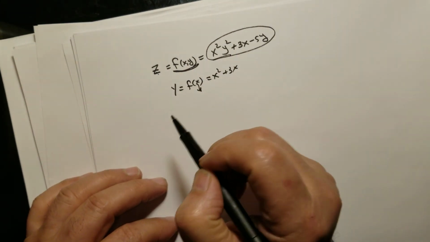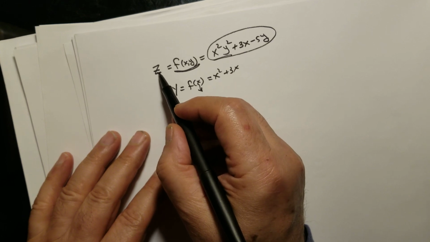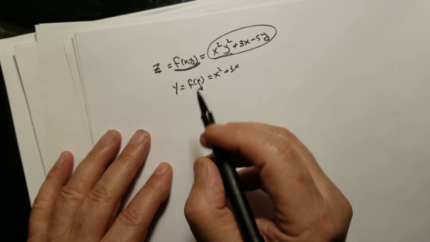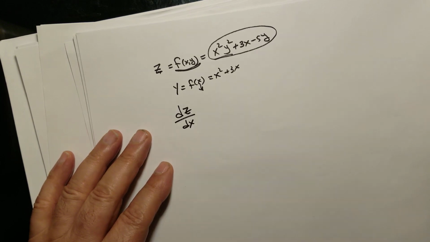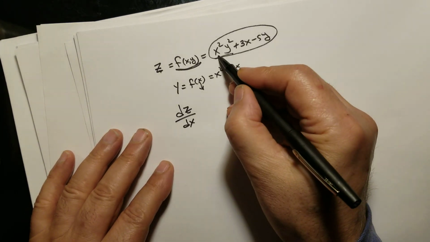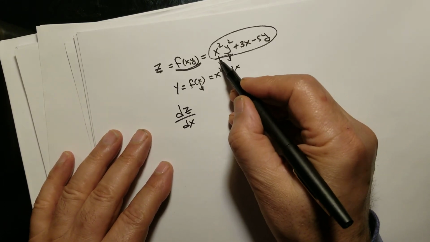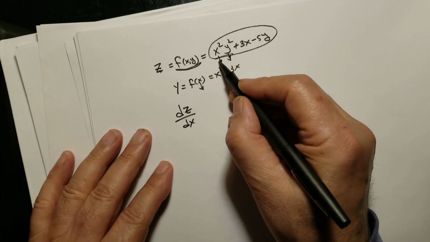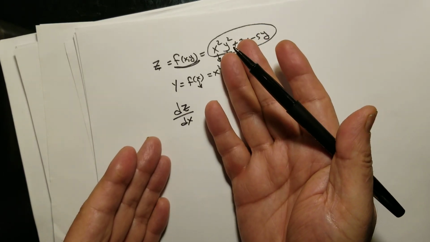How do we take the derivative of that one? As we discussed in 13.4, you cannot take the derivative like the derivative of z with respect to x. Why? Because in here you have two independent variables. If you do it with respect to x, what are you going to do with respect to y?